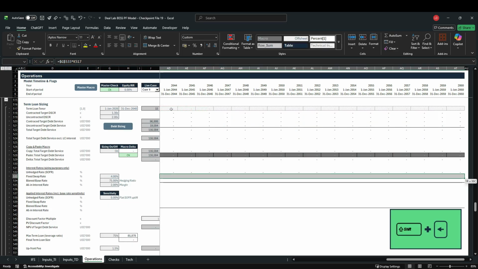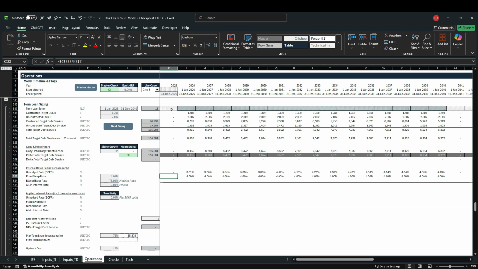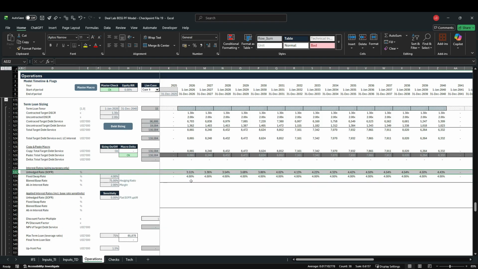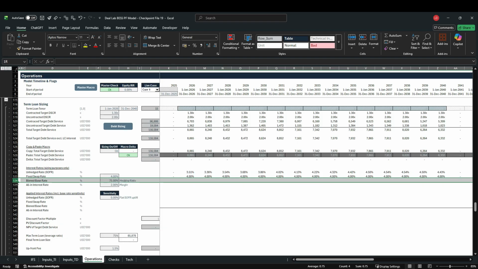Let's drag this over, Control R, and that essentially tells us what our fixed swap rate or our fixed hedge rate will be for the hedged portion of the loan, and our floating base rate is essentially the cost of debt we will have on our floating component or unhedged component. So that allows us to model our blended base rate before including any margins.